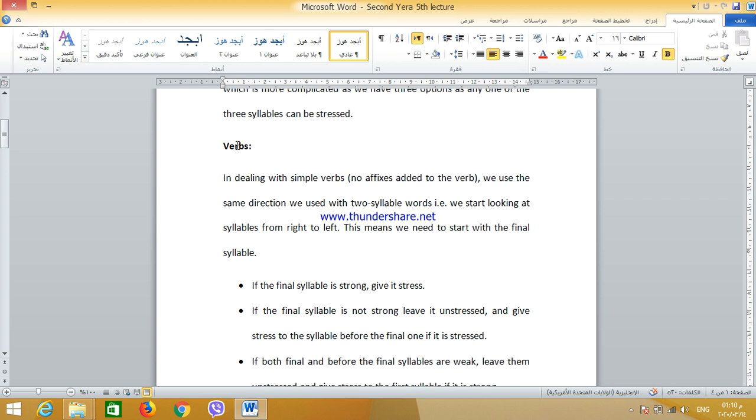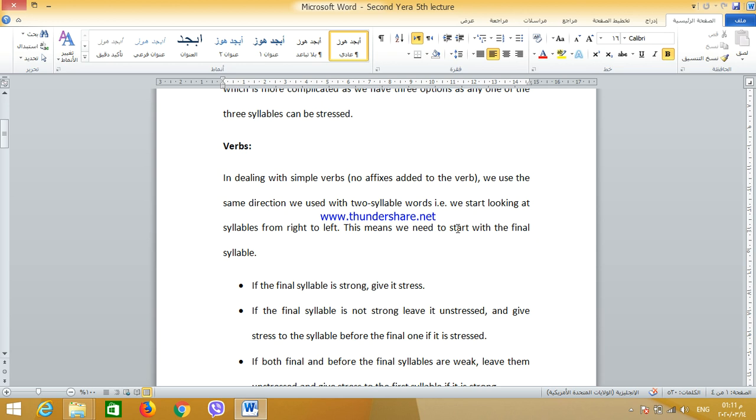So if we start with verbs, till now we are dealing with words, whether verbs or nouns or adjectives, that are simple. And what we mean by simple is that there are no affixes added to the verb. It is only the base form of the verb. Okay? No additions, no affixes, no prefixes, no infixes, and no suffixes.